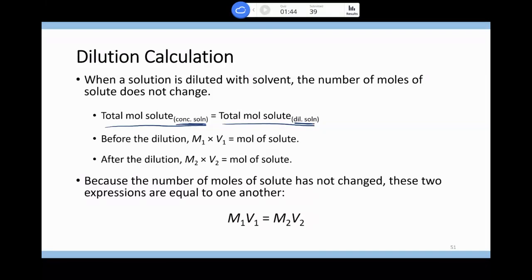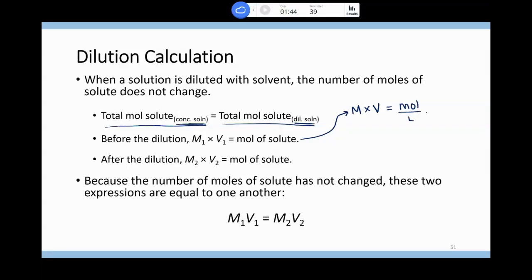So that is true. We can also say that before the dilution, the molarity of that solution times the volume of the solution that you're using for the dilution will equal the moles of the solute. So molarity times volume, which is what we're showing here, M1 times V1, is moles per liter.